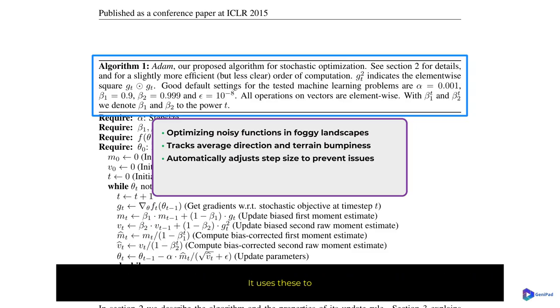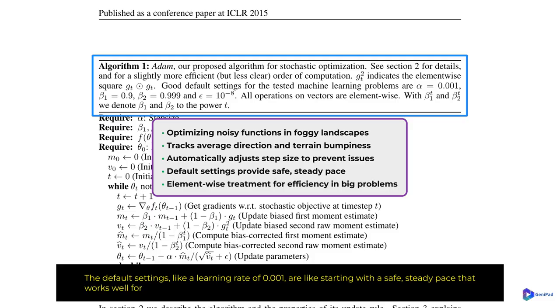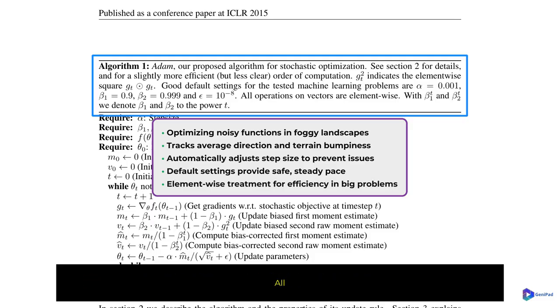It uses these to adjust your step size automatically so you don't overshoot or get stuck. The default settings, like a learning rate of 0.001, are like starting with a safe, steady pace that works well for most machine learning tasks. All the math here is done element by element, meaning each parameter gets its own custom treatment, which is super efficient for big problems.